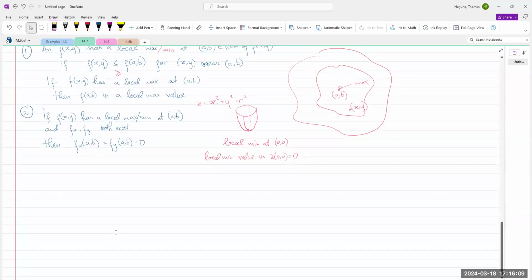Now, what happens with the local max, local minimum for a two-dimensional domain? If the partial derivatives with respect to x and y both exist, then they must equal 0. You can imagine at this point the partial derivative with respect to x and the partial derivative with respect to y are both horizontal, right? In fact, think about the tangent plane. The tangent plane must be horizontal.